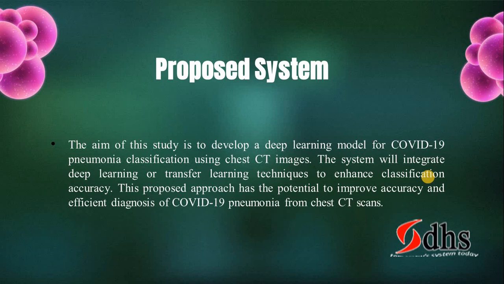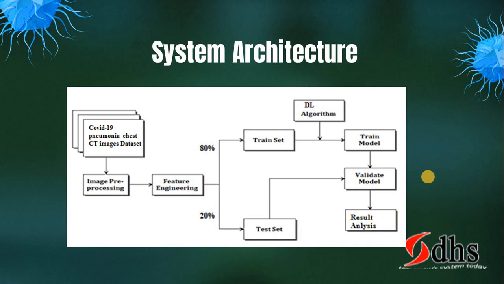Completely what you are seeing in this video is just one small reference for your understanding. This proposed approach has the potential to improve the accuracy and efficient diagnosis of COVID-19 pneumonia from chest CT scans. So this is the general system architecture.